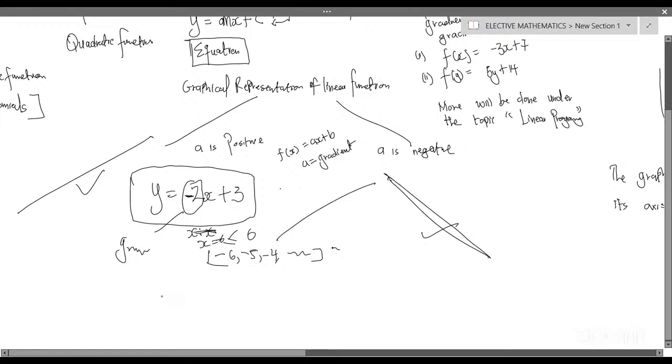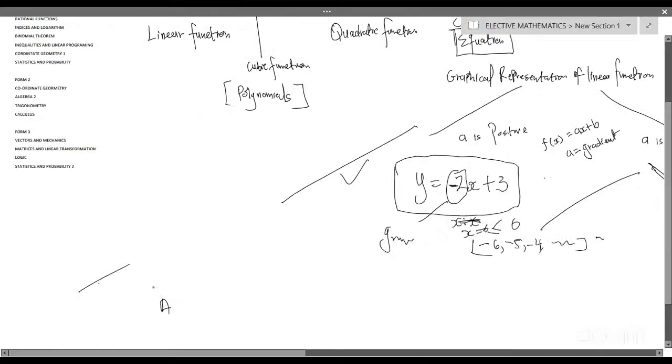Those points must have coordinates. So let's say A is (2, 3) and B is (2, 4). Any line I draw must always have 2 points, point A and point B. So this will form a straight line.